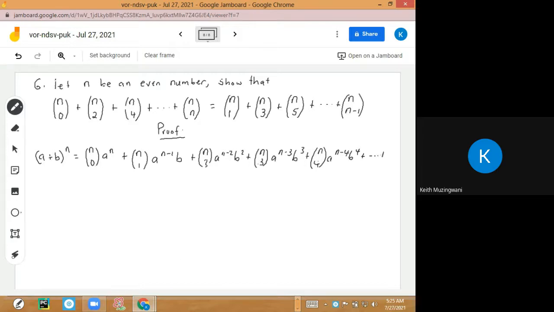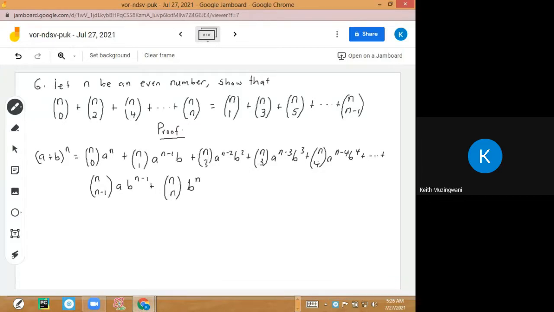You can keep going up to n choose n minus 1, a b^(n-1), plus nn. A doesn't exist there. It's a power 0, b^n.